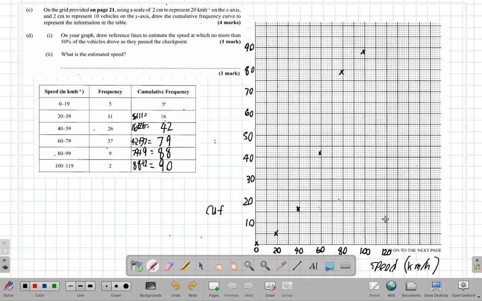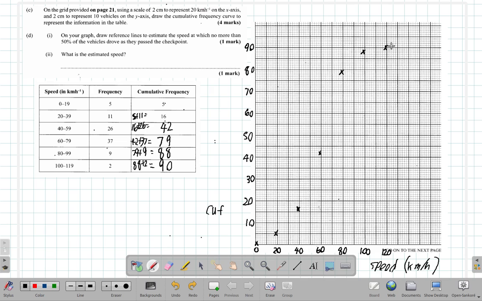119 is close to 120, so right on 90, but call it 119.5, because if it was just less than 119.5, like 119.49, I would round it back down to 119.